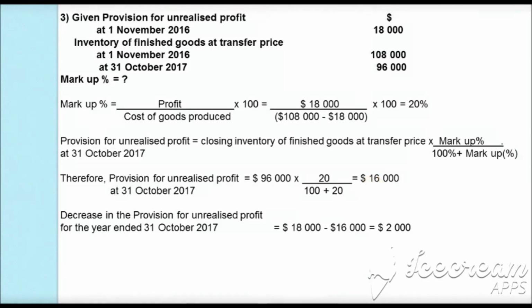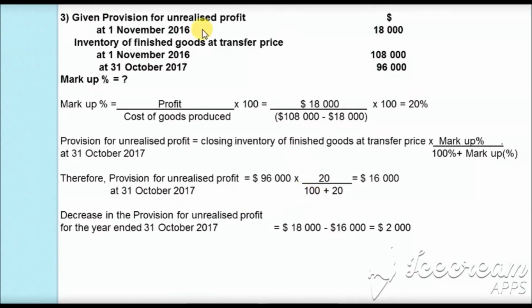The rules for provision for unrealized profit will be same as the rules for provision for doubtful debts. That is, the amount of increase in the provision is subtracted from the factory profit when we make the income statement. And if there is a decrease in the provision, the amount of decrease for the provision will be added to the factory profit when we make the income statement.